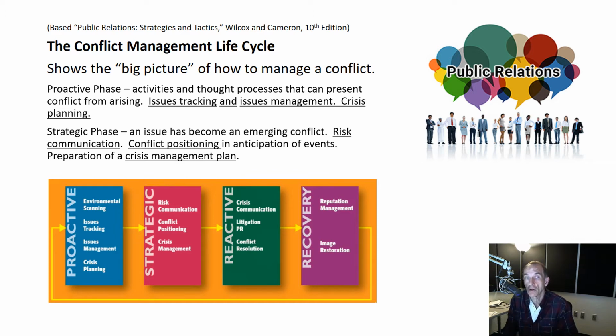So communication so everyone understands what is happening and what the situation is. That's valuable. Conflict positioning in anticipation of events, and we've talked about positioning as putting our organization in the best position possible to respond to a conflict.